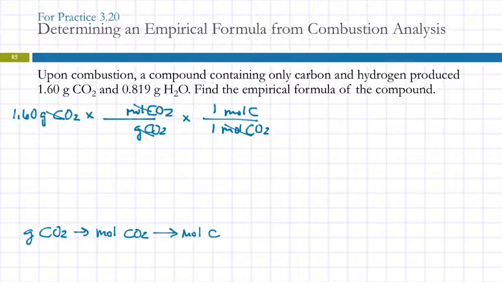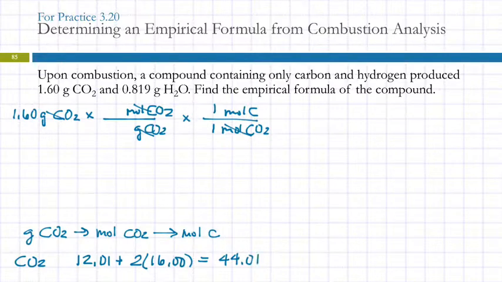How many grams? Oh, we've got to do some math. So 12.01 plus 2 times 16 is 44.01. That's the molar mass of CO2.